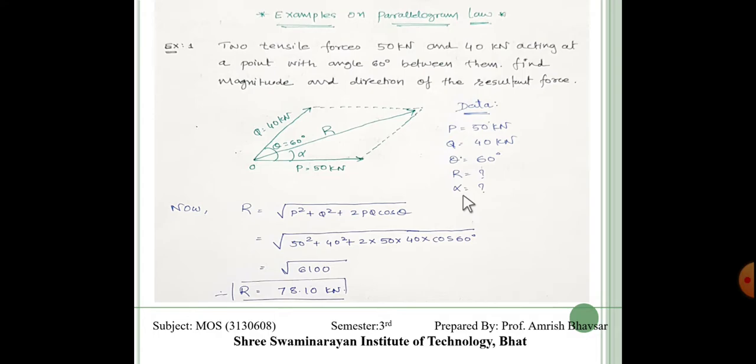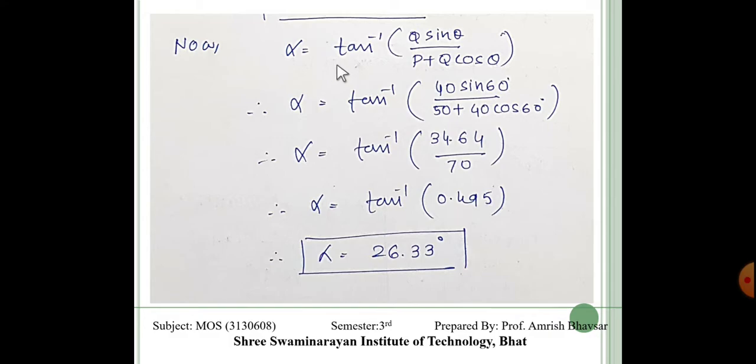Now number 2, what do we have to find out here? Alpha, and the equation for alpha is tan inverse of Q sin theta upon P plus Q cos theta. Now alpha is equal to tan inverse of 40 sin 60° upon 50 plus 40 cos 60°.